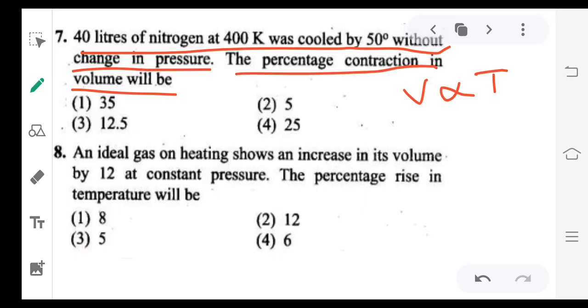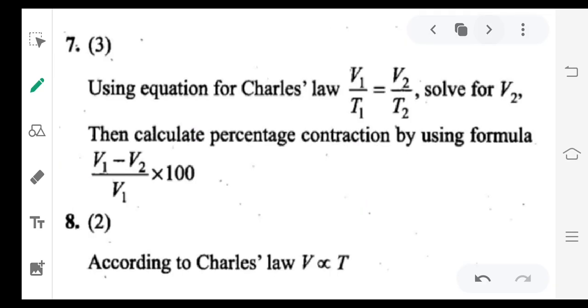So 40 liters at 400 Kelvin was cooled by 50 degrees without change in pressure. The temperature is decreasing, so we can apply Charles' law, V1 by T1 equal to V2 by T2. We have to solve for V2, because V1, T1 and T2 are given.